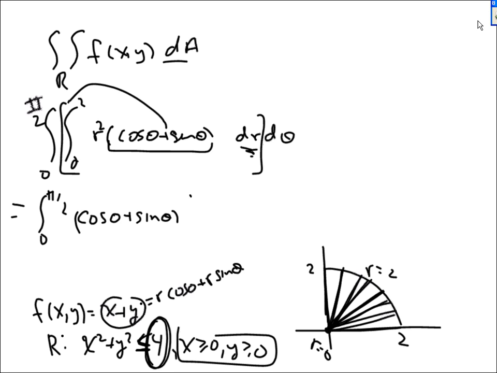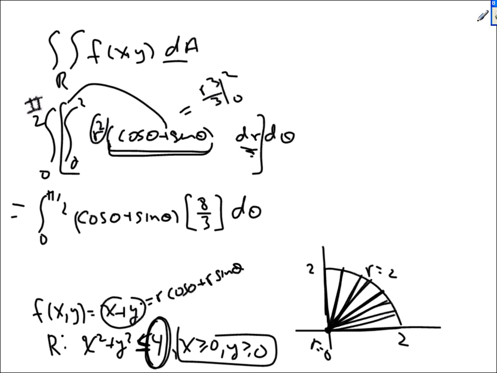And you get r cubed over 3 from 0 to 2. 8/3 times the constant, which is right there in front, d theta. Well, the 8/3 can come all the way in front. So we have 8/3 times this integral.